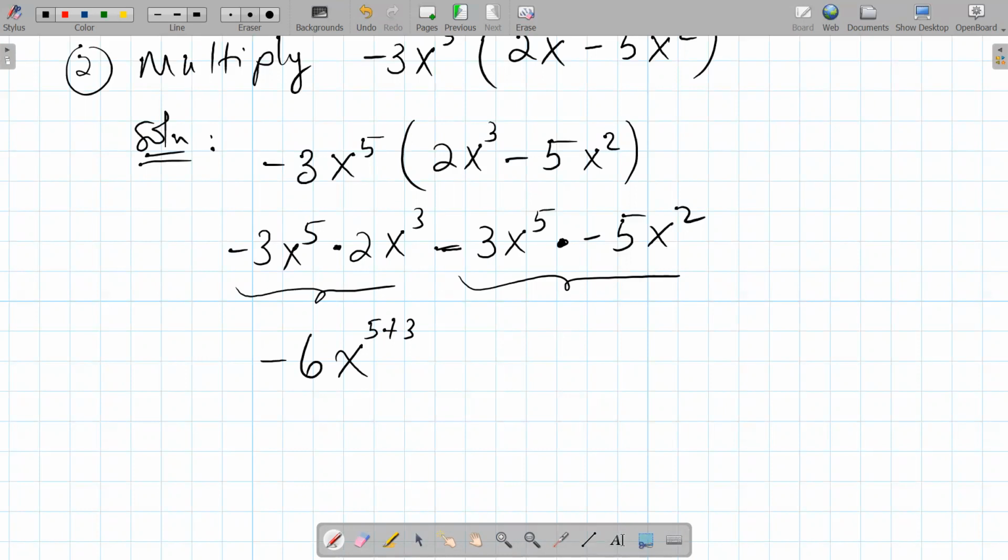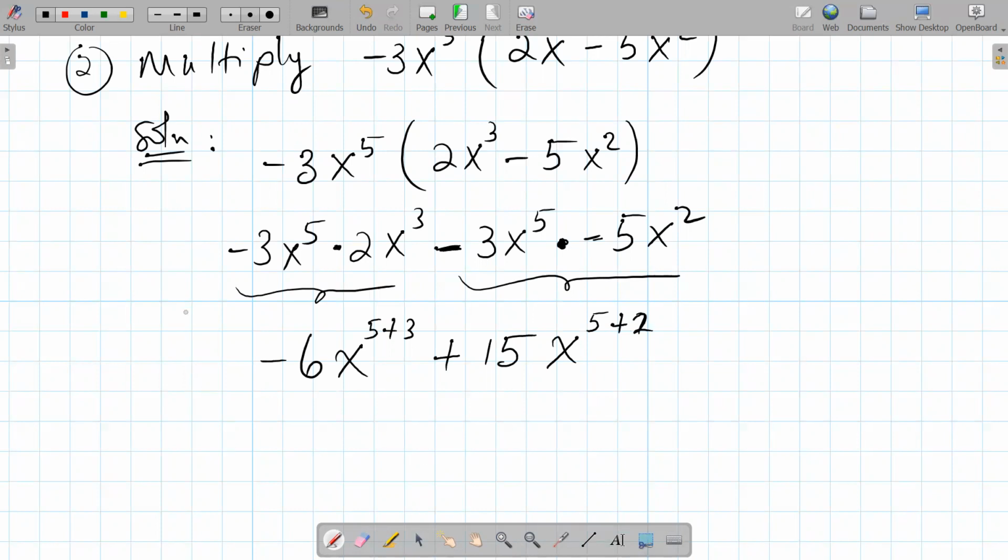Over here, we have a -3 multiplying a -5. Two negatives multiply, the result is positive. So in this case, we're going to have plus 15. The x to the 5th power, x to the 2nd power, we use the product rule, we keep that, and then we sum up the powers.